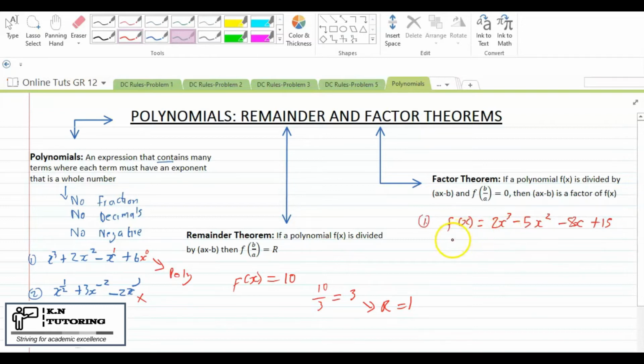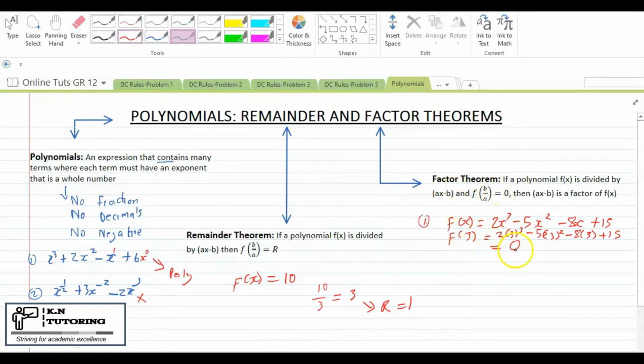So if I say find f(3), and you substitute there, 3 cubed minus 5 into 3 squared minus 8 into 3 plus 15, the answer that you're going to get is 0. So this leads to what the factor theorem is saying.